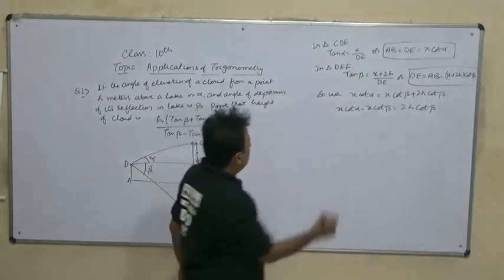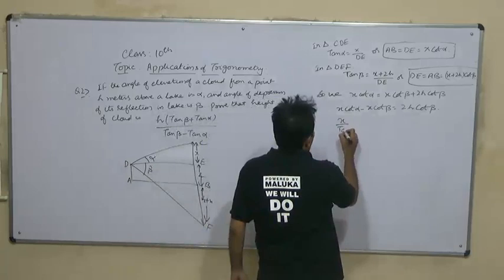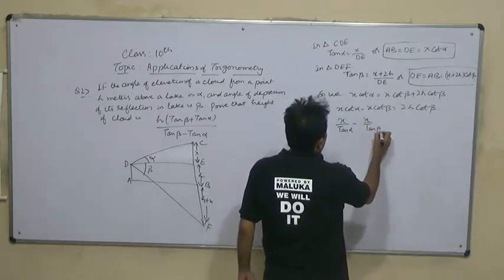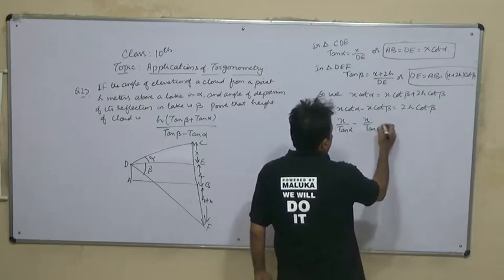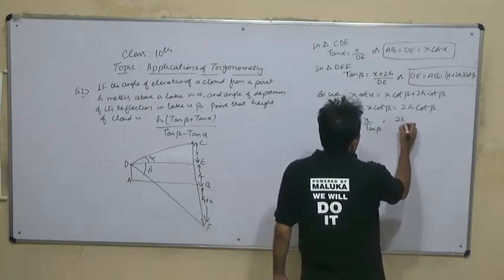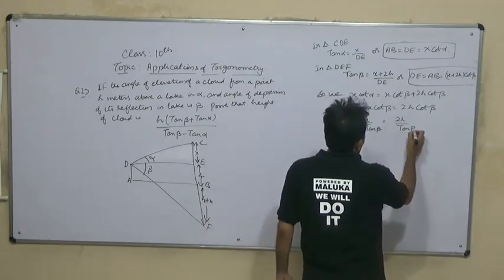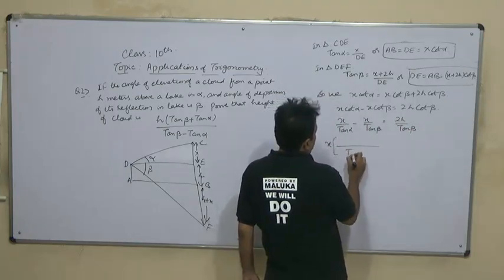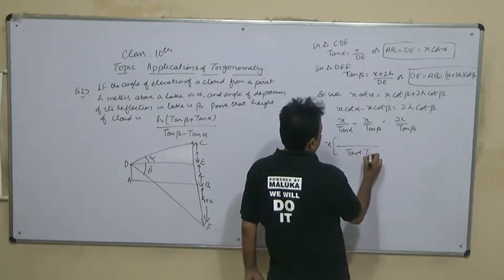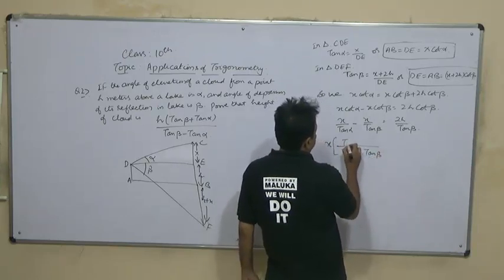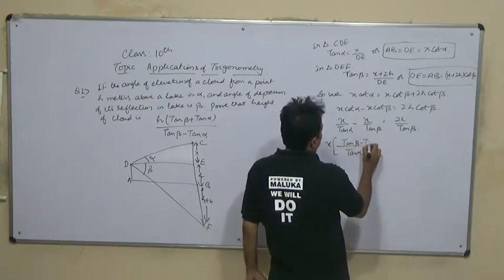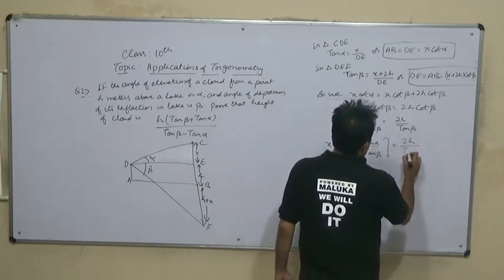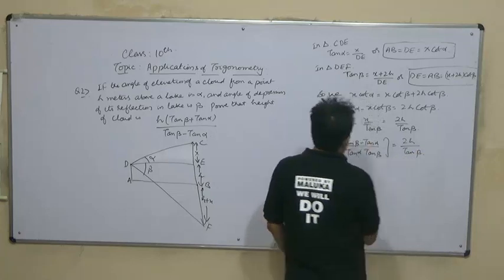Now this will be x upon tangent alpha minus x upon tangent beta is equal to 2h upon tangent beta. Take x out as common: x times (tangent beta minus tangent alpha) upon tangent alpha tangent beta is equal to 2h upon tangent beta.